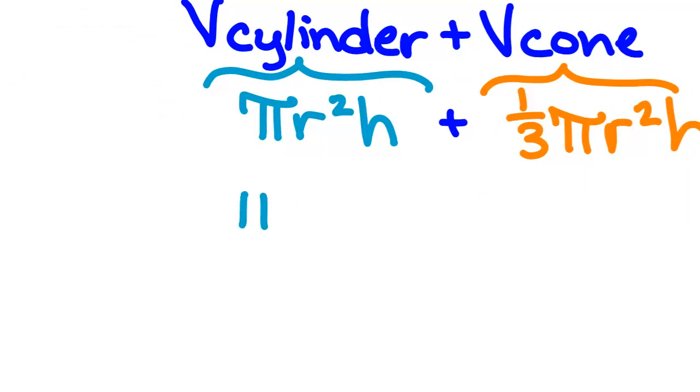So for my cylinder, I do pi times 40 squared times the height of the cylinder. What's the height of the cylinder? 120.